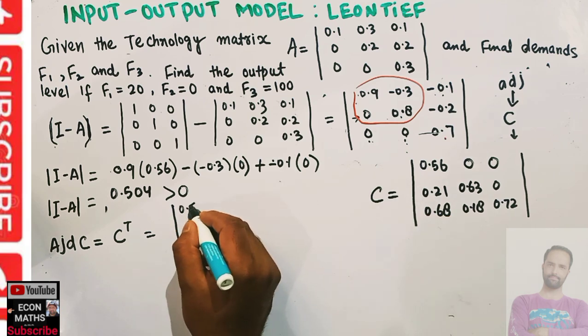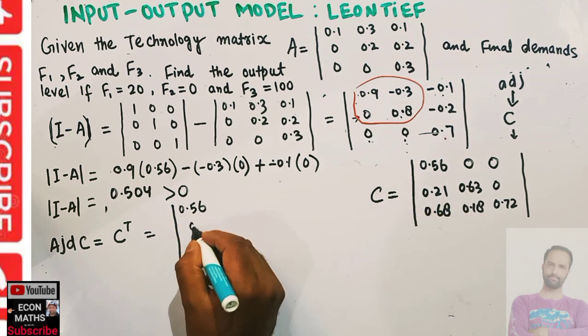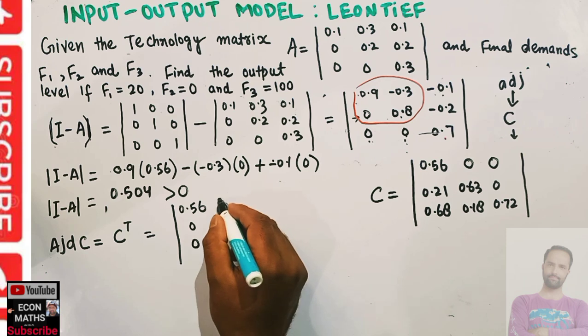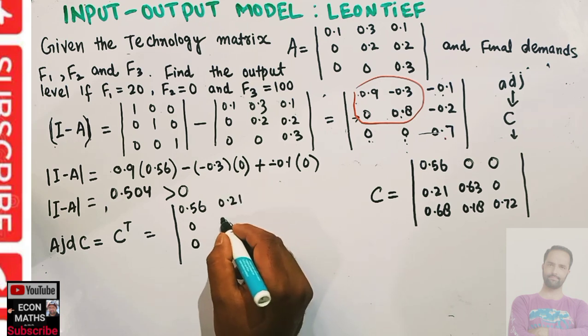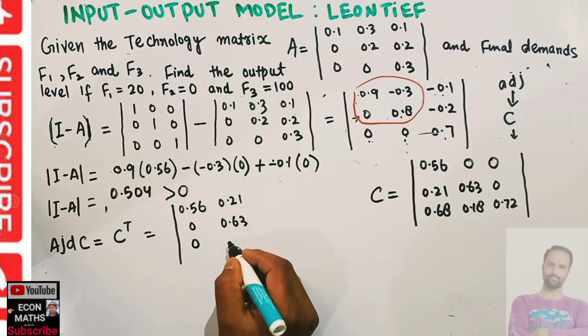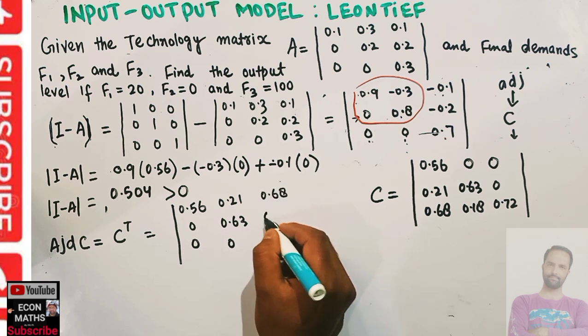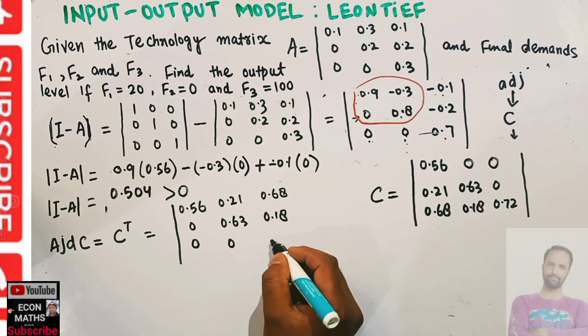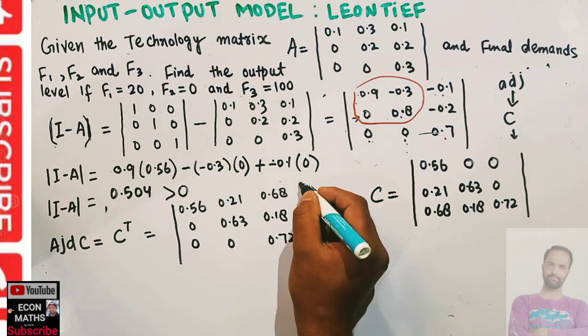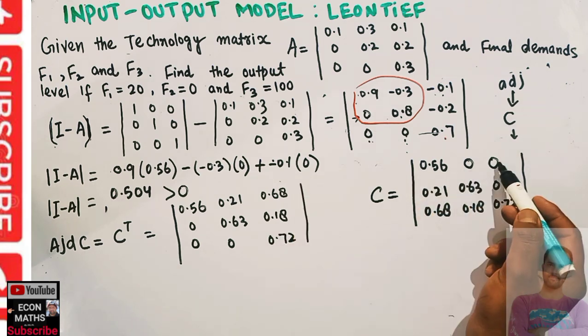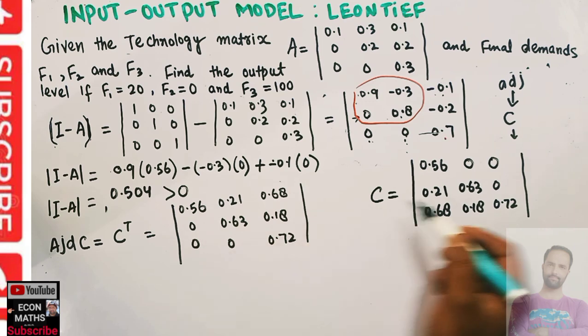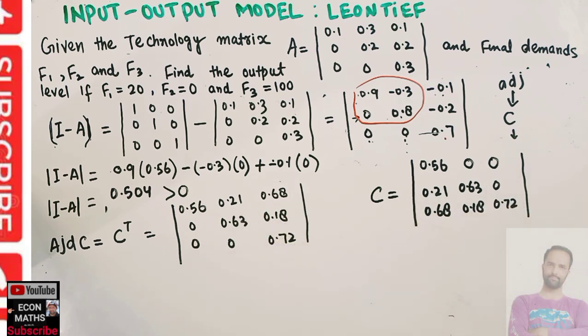So we have 0.56, then we write 0, 0, then we have 0.21, 0.63, 0, 0.68, 0.18, and 0.72. Okay, so just interchange. If it is row, form it column, row, column, row, column. Okay, we got the transpose.